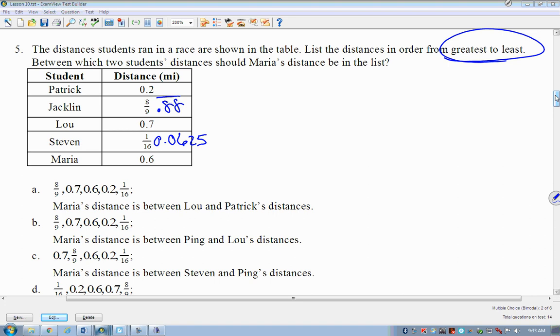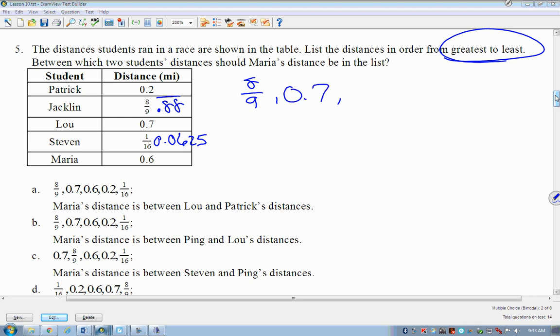What's first on our list? Jacqueline? All right, so let's go ahead and leave them the way that they've got them, which is 8/9 is the greatest, right? What's next? Stephen? You're sure? You told me it was 0.0625, so I'm going on. Who is it, Lou? So 0.7, right?